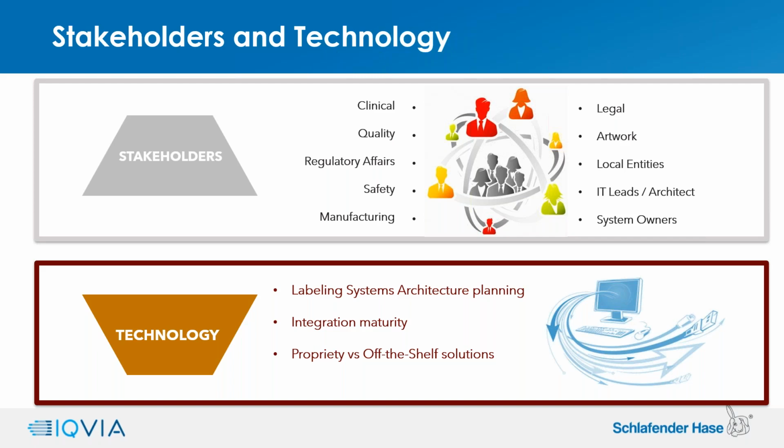Are you looking at what you have and pairing complementary systems so that they integrate, whether you are able to do that automatically off the bat, or if you need to manually move things from one to the next, but that movement is validated, so that information coming out of one system, when it goes into the other, there are procedures that make sure that it remains consistent in that transfer? How do your systems integrate with the wider company architecture, given that labeling spans a wide range of domains?